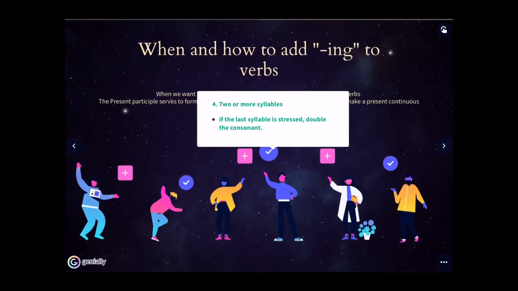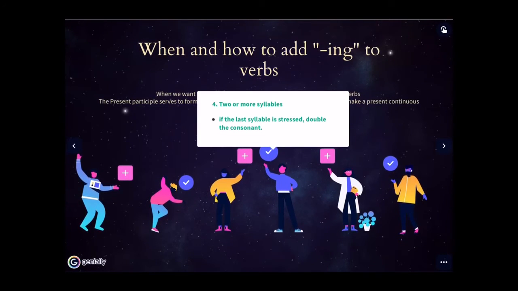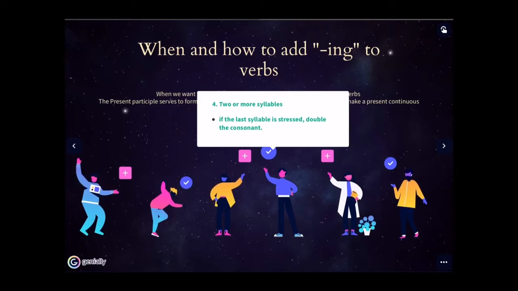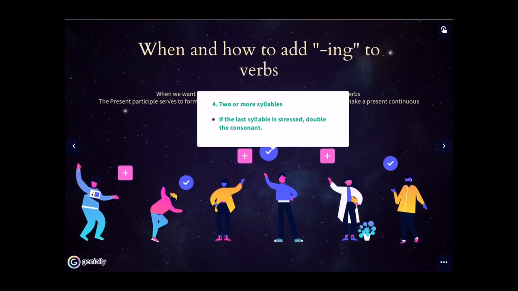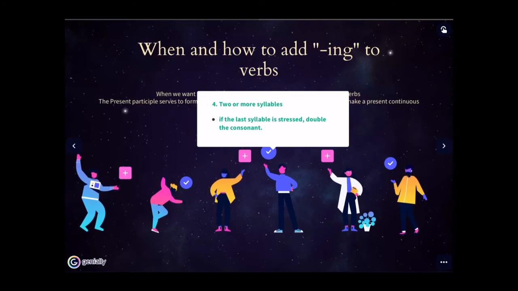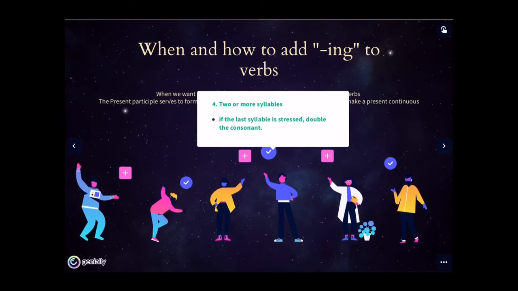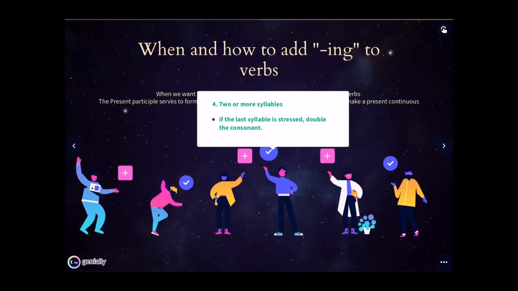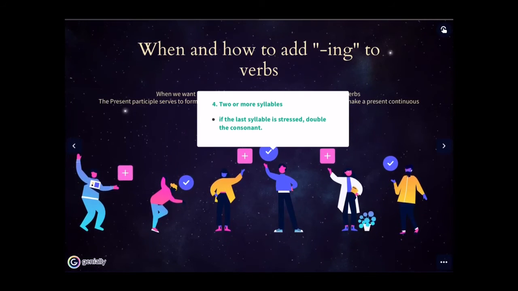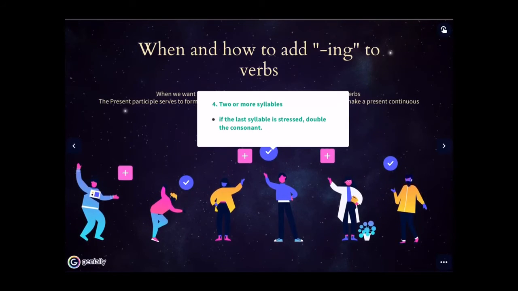We have the fourth rule. The verbs with two or more syllables, and if the last syllable is stressed, we need to double the last consonant.